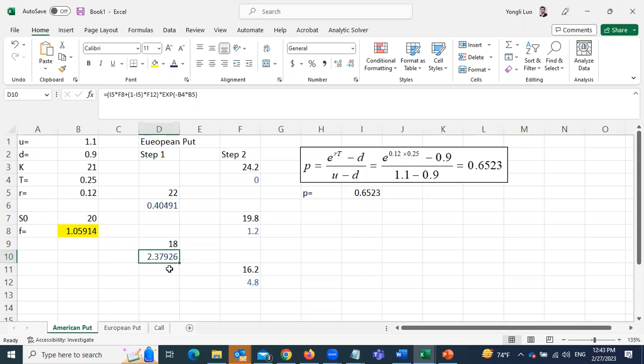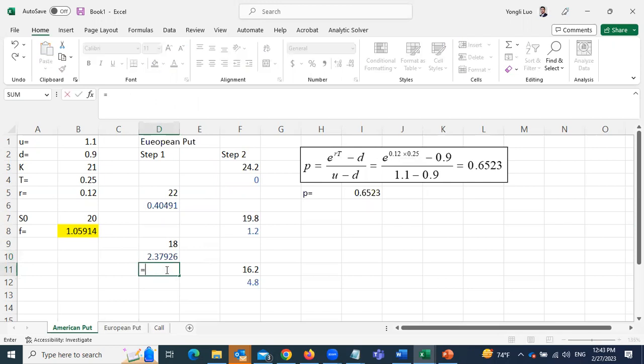So you also need to compare this number with the price, which one is the maximum of the strike price, which is 21 minus 18 and 0. So you need to compare the 2.37 with the number, which one is greater. You know what I mean?